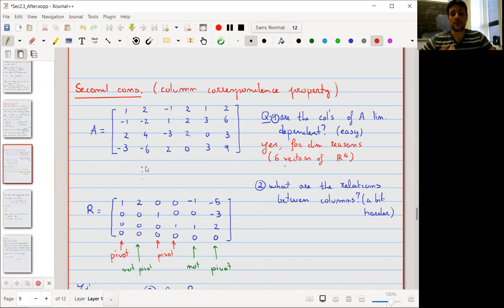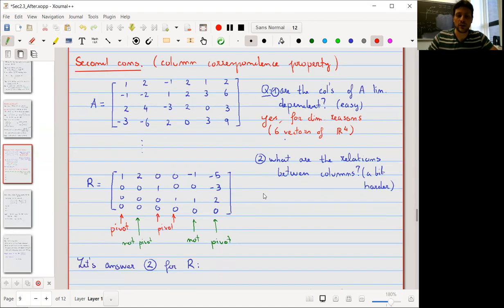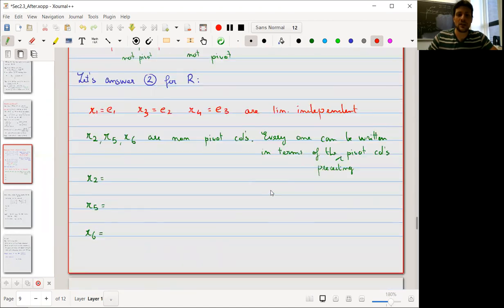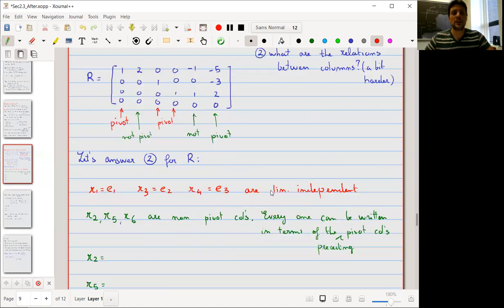The first thing to do towards an answer is to compute the row reduced echelon form of A. It's computed here. And I just highlighted the pivot columns. There's those 3. And then the non-pivot columns are the 3rd, 4th, 5th, and 6th. So we can answer question 2 for R. Here's a little bit of an answer.